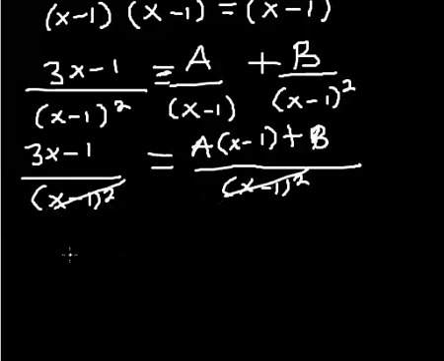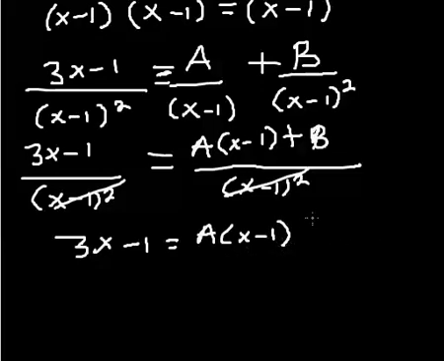This cancels this, so I have 3x minus 1 equal to A(x minus 1) plus B.